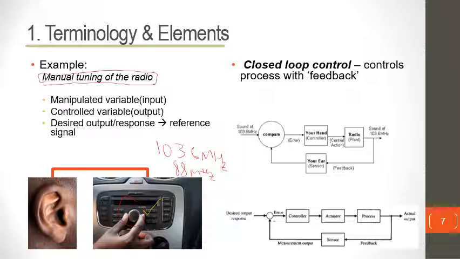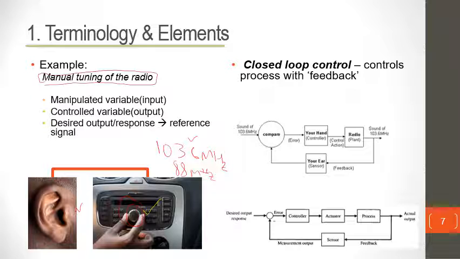In this case, you would turn the tuning knob up until your ear can sense that you have correctly placed the receiver in tune with the radio station that you want.